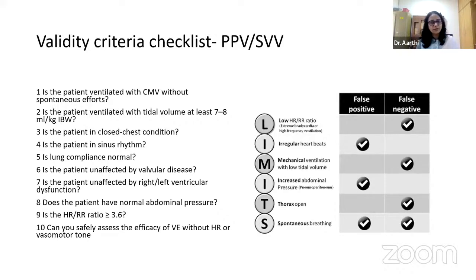In laparoscopic surgeries, for example, the intrathoracic pressure may increase and give false positive values when assessing the pulse pressure variation. And when there are open chest injuries or the patient is spontaneously breathing, pulse pressure variation and stroke volume variation might not reliably predict the cardiac output.